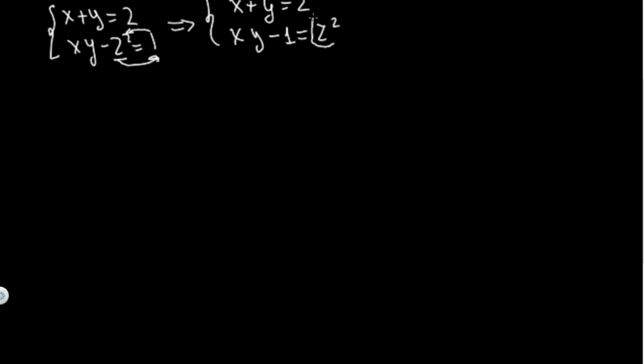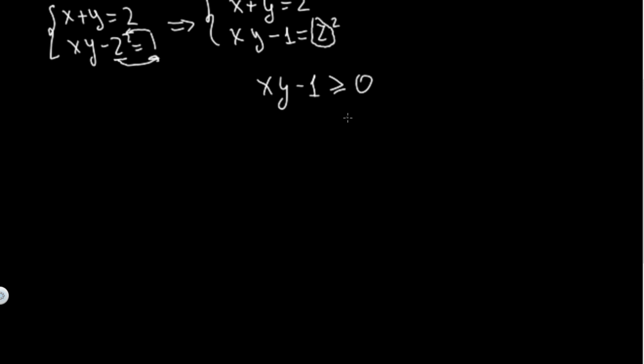In the field of real numbers, if you put instead of z any number, minus or plus, you will always come up with a positive number. It means that x times y minus 1 should always be more or equal 0.